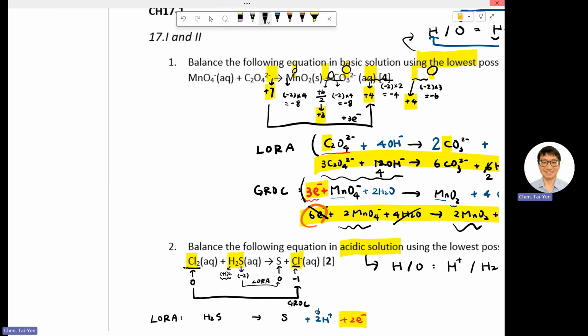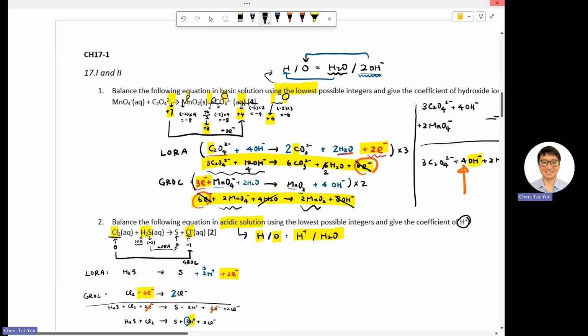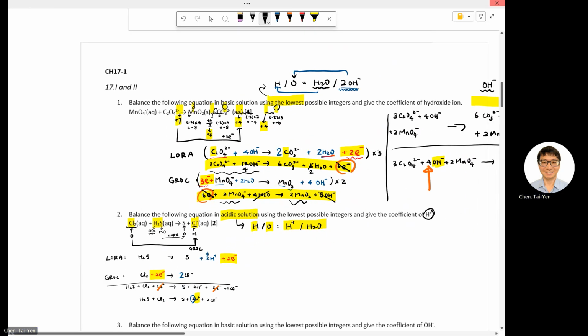Okay, but in the acidic solution, we simply use H plus to compensate for your H and H2O for your oxygen. Okay, so that's how you solve question number 2.